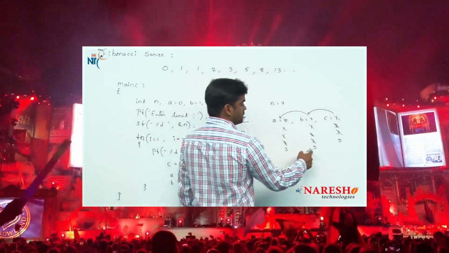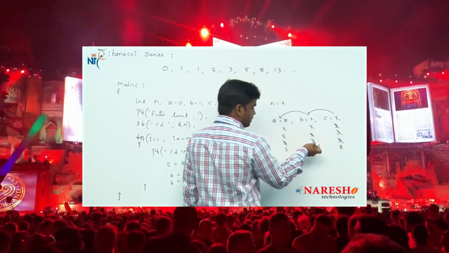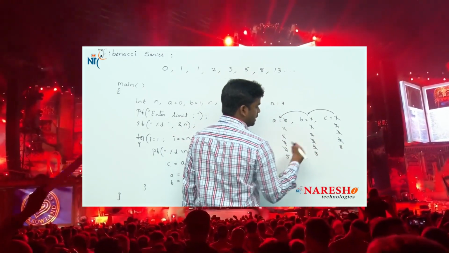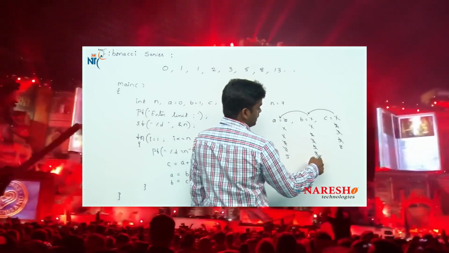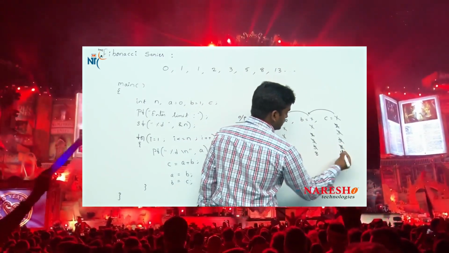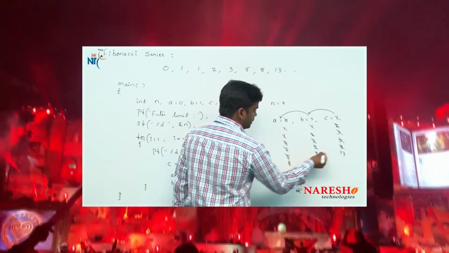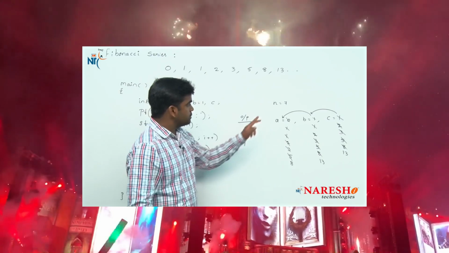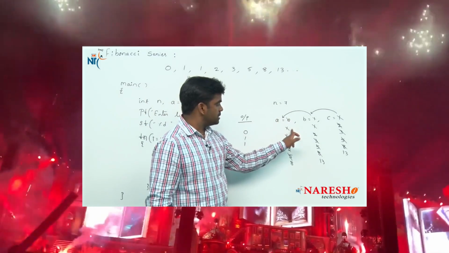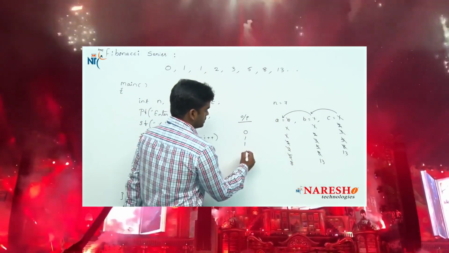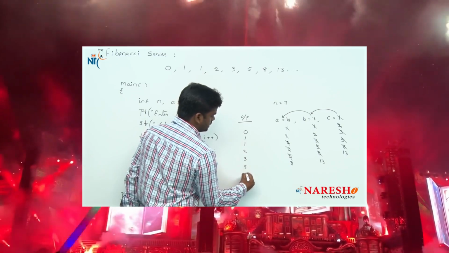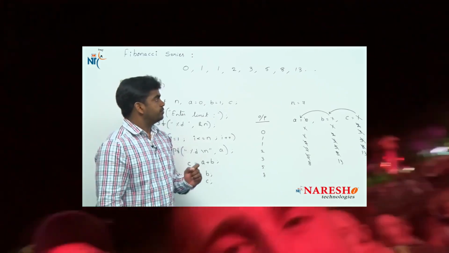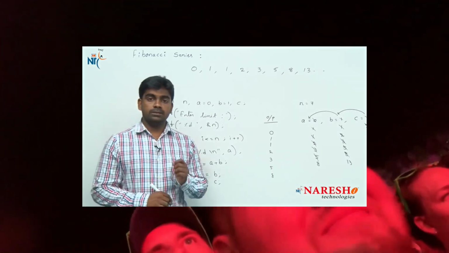Next 3 plus 5 is 8, 5 will come here and 8 here. Then 5 plus 8 is 13, 8 will come here and 13 here, so like that it will go. As we are looking for the first 7 elements, these are the first 7 elements: 0, 1, 1, 2, 3, 5, 8. This is how to print n elements in the Fibonacci series program using C language syntax.